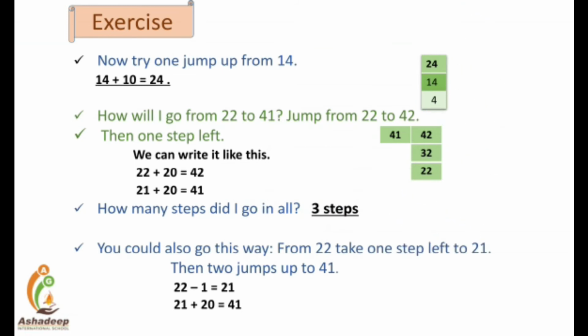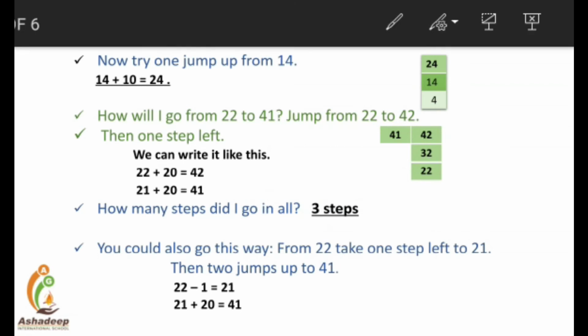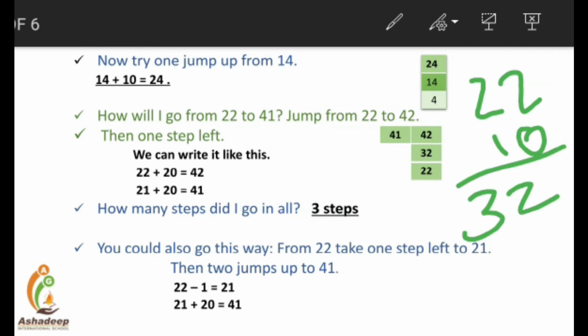All of you know how many steps did I go in all? For the second question, how will I go from 22 to 41, jump from 22 to 42, then one step left. I already explained how we cover the steps. See, again I am telling you how we calculate the 3 steps. 22 plus 10 gives 32, 32 plus 10 gives 42.